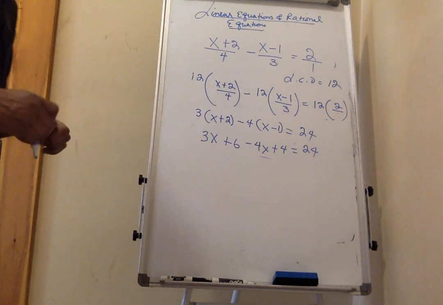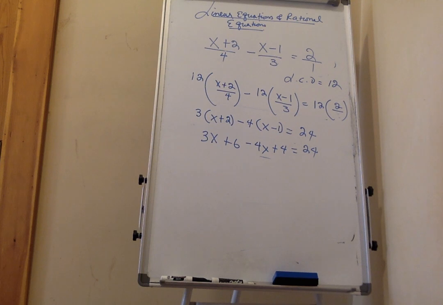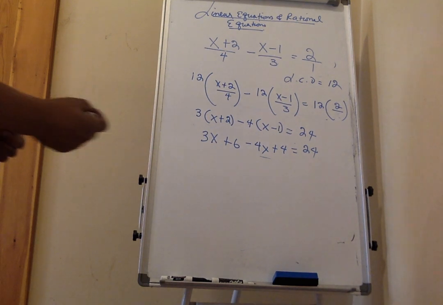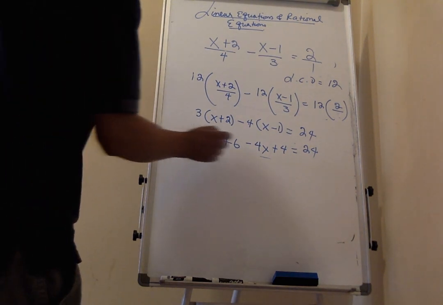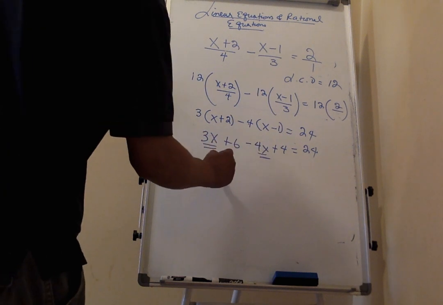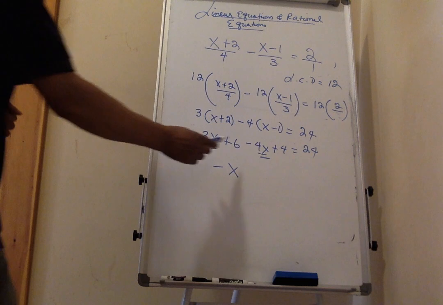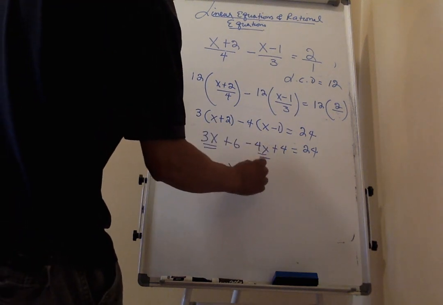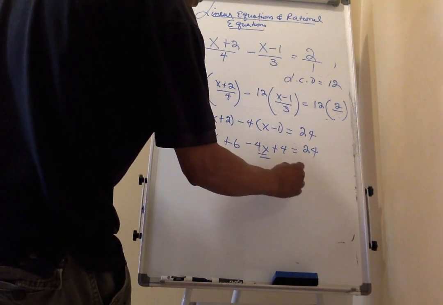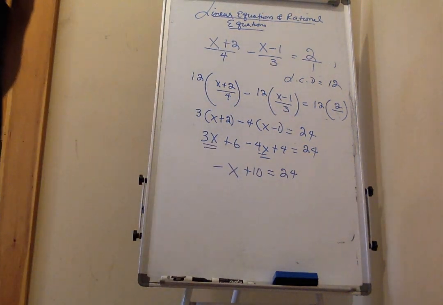Be careful of the minus sign. Sometimes we overlook it. Now combine like terms. 3x and minus 4x would give you negative x, right? And then 6 and 4 gives us plus 10, which is equal to 24.